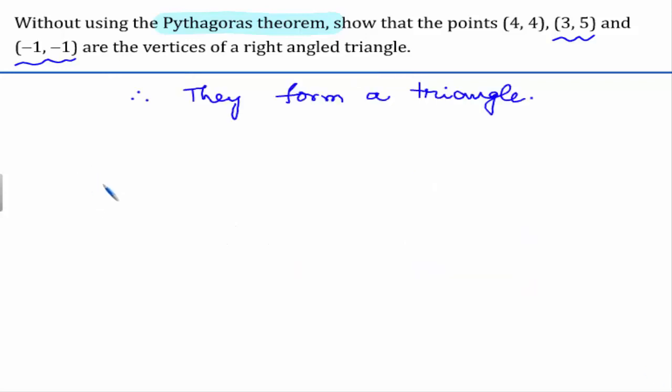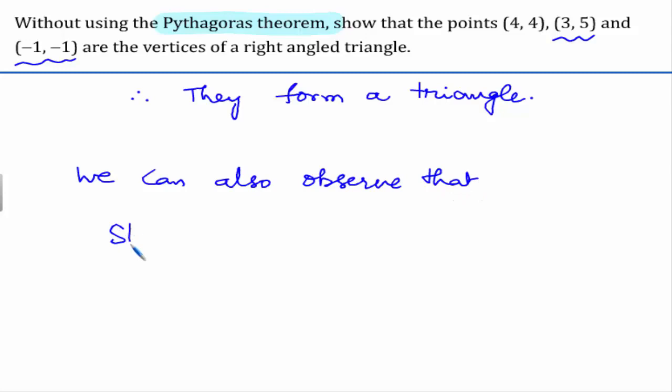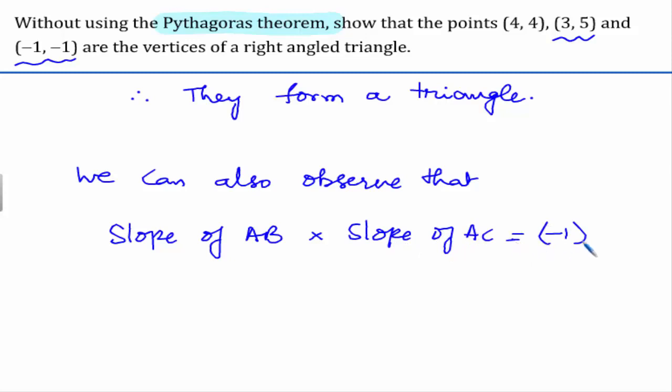Now, we can also observe slope of AB into slope of AC. Slope of AB is -1 and slope of AC is 1. So that means the product of the slopes of the two line segments is -1. Therefore, they are perpendicular to each other.